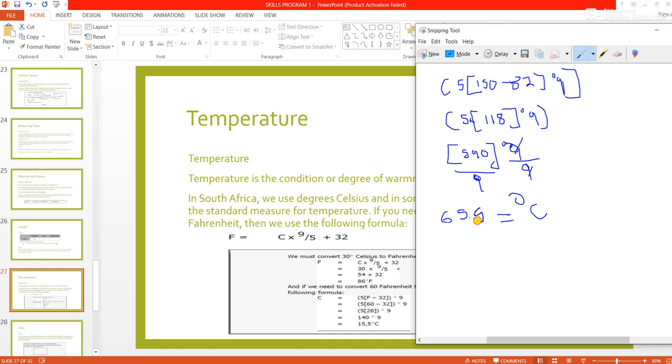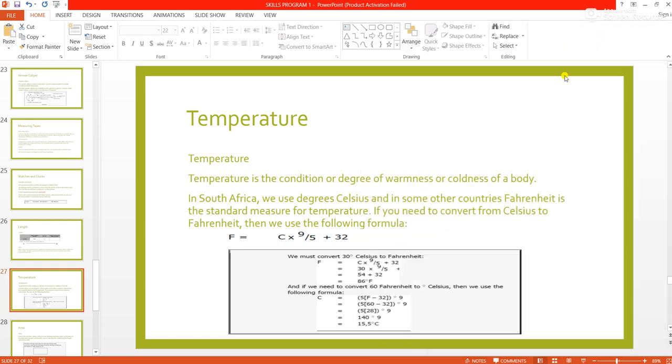When you round that to the nearest digit, it will be 66 Celsius. So your cousin in Egypt will tell you that 150 Fahrenheit converted into degrees Celsius is 66. It's so hot. That's how you convert from Fahrenheit to degrees Celsius, or degrees Celsius to Fahrenheit.